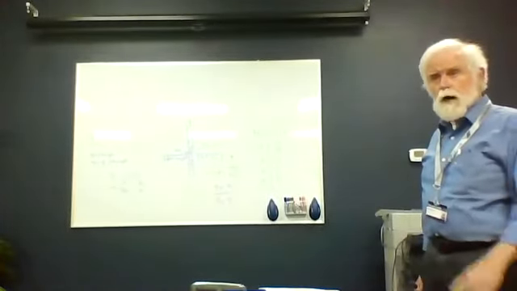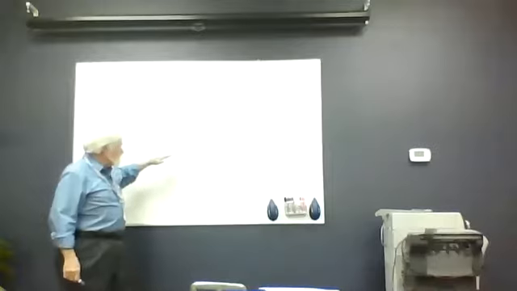All right? So this is x2, y2, and this point here would be x1, y1. Why do I know that? Because a positive slope is one that goes up from left to right.